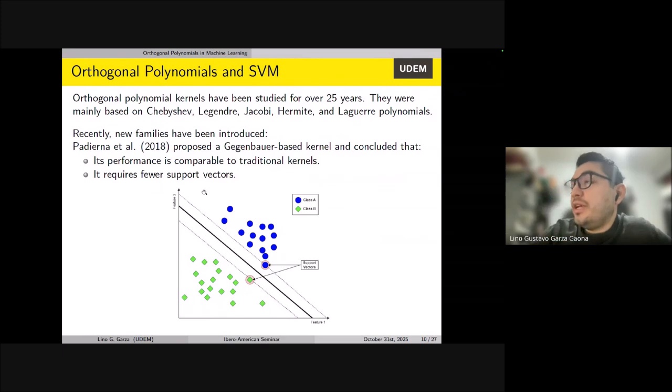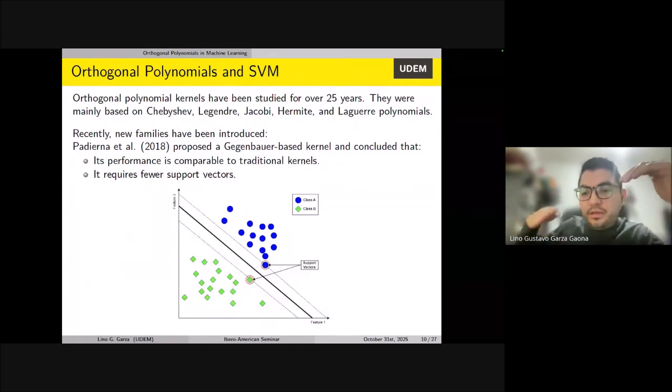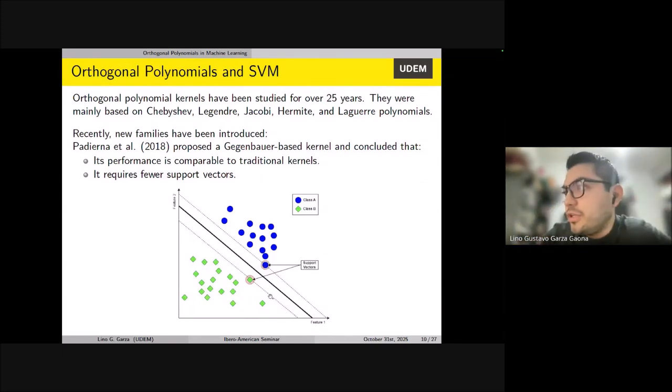A support vector is like, in this picture, the vectors that make that boundary, that frontier between the classes of data. Constructed in this way, the kernel and the algorithm of the SVM require fewer support vectors, which is a good thing because it saves computationally.